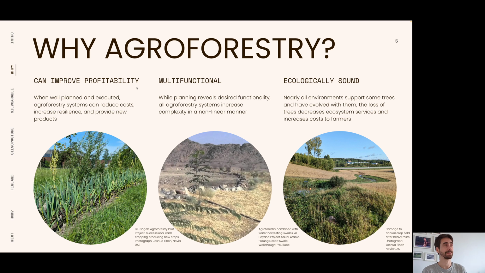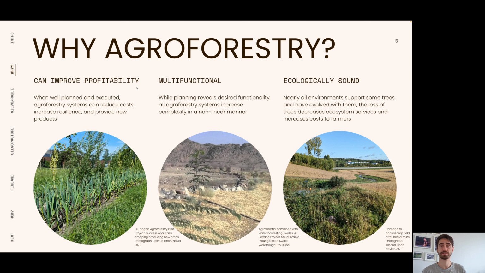But it can improve profitability depending on the work that you put into designing, planning, redesigning, replanning, and then thoughtfully managing the implementation of an agroforestry system. These systems last for decades. They can last for centuries.